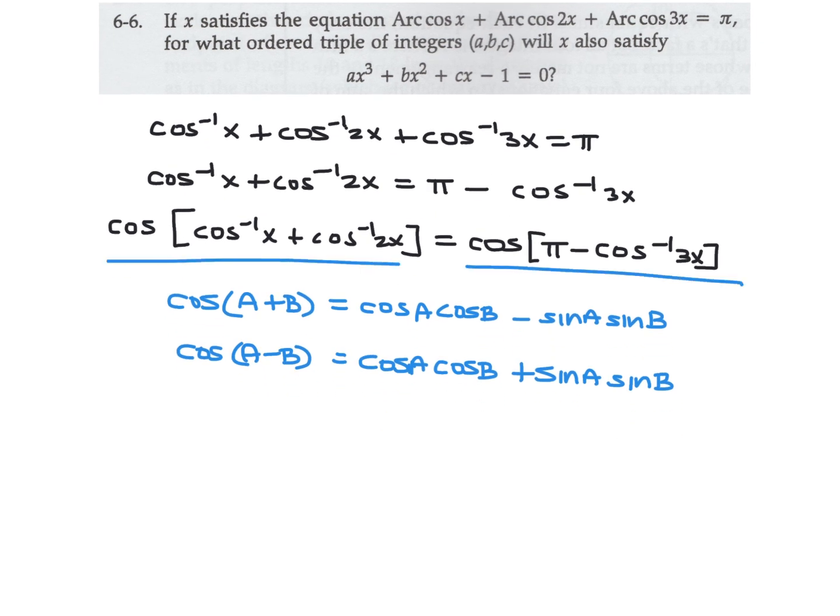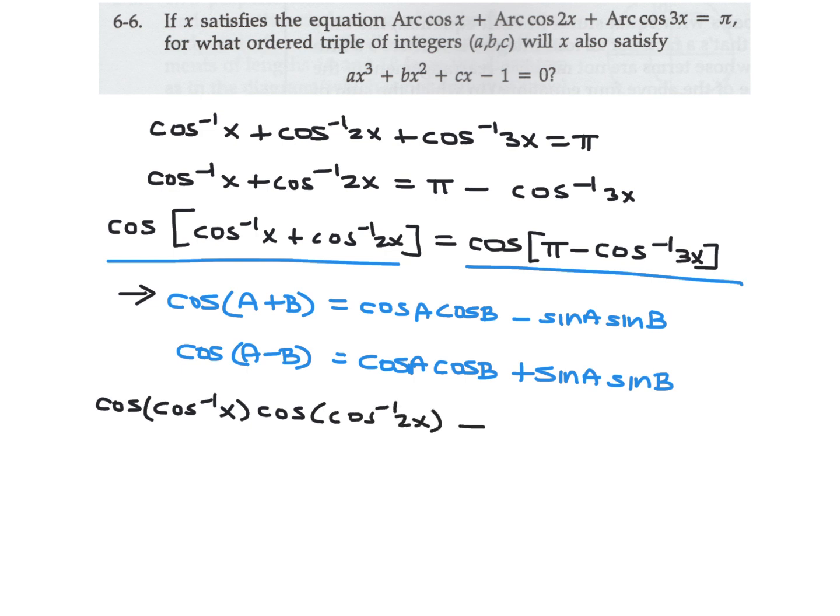So off we go. That's going to be the cos of arccos x plus, I'm using that first one, right? So cos of b, so cos of arccos 2x, correct?